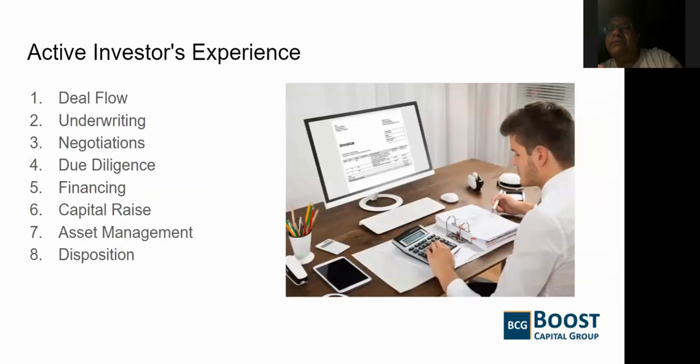When you build a team as an active investor, do you look for a team where one person focuses on deal acquisition and one on asset management, or is everyone an expert at different things, or everyone handles it together?